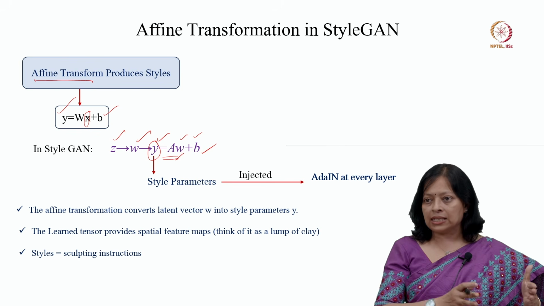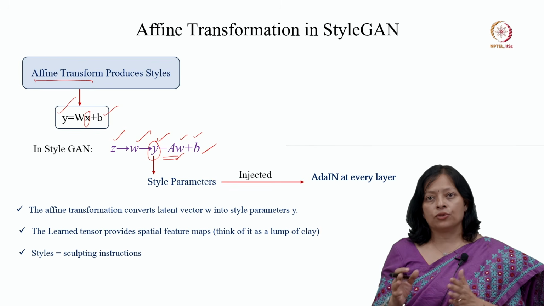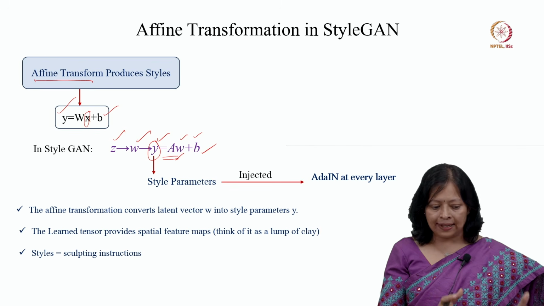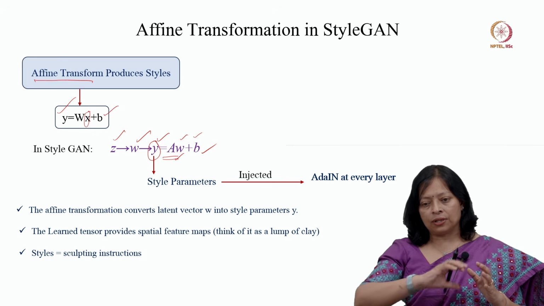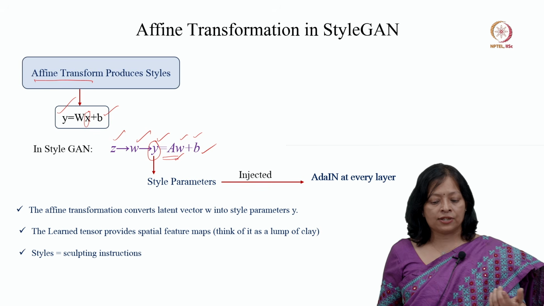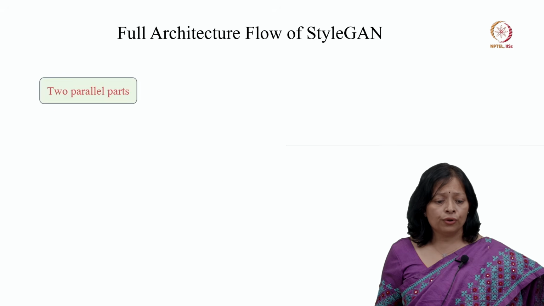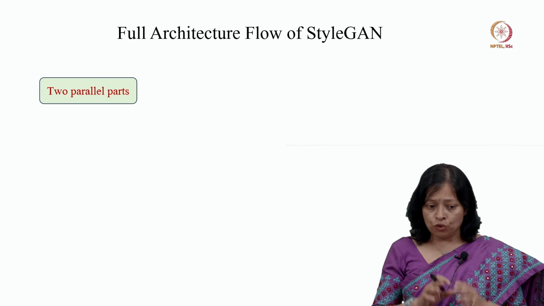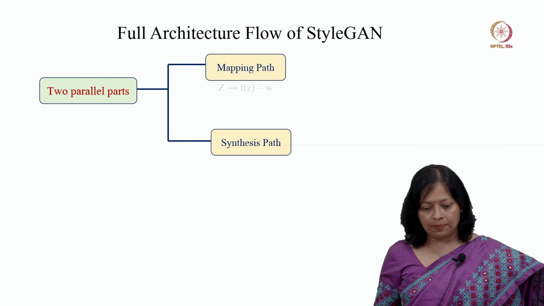As I was telling, the 4 cross 4 cross 512 tensor is your starting clay. Styles are the sculpting instructions that are put all throughout the pipeline through the affine transformation and AdaIN. So, the full architecture flow looks like this. StyleGAN has two parts: the mapping part and the synthesis part.